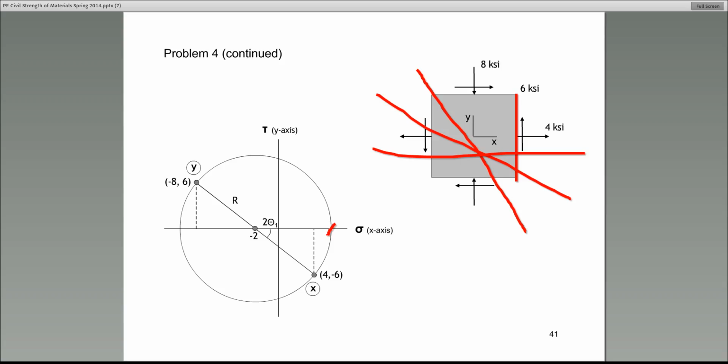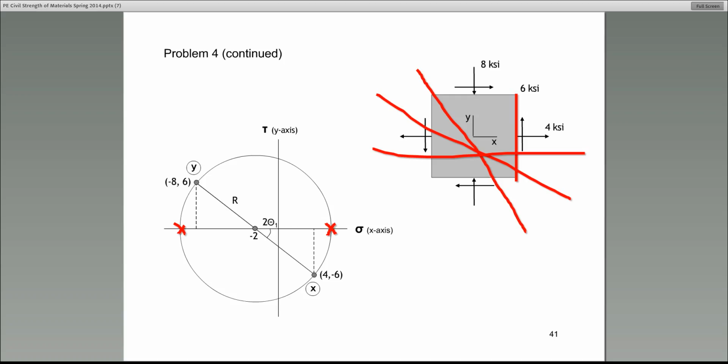This point would be the point on the circle that would give you either the highest or the lowest x value, which would be the stress. Mary, do you agree with that? And the point on the left-hand side where the circle crosses the x-axis.